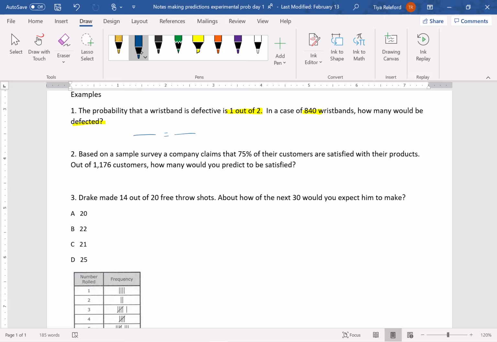On one side goes the probability of the wristbands being defective: 1 out of 2. So 1 is your top number, 2 is your bottom number. On the other side, you have X and 840. When you solve that proportion, you are going to find out how many wristbands are defective.